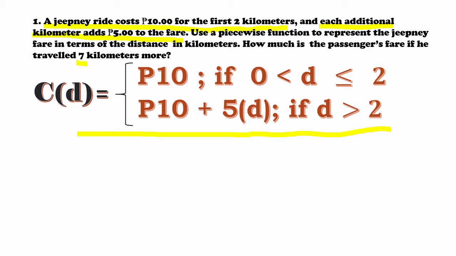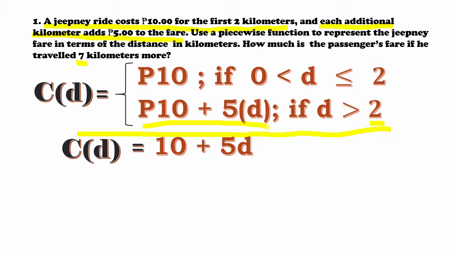Since 7 kilometers, which is the distance, is greater than 2 kilometers, we are going to use this piece of function. Therefore C of D is equal to 10 plus 5D.